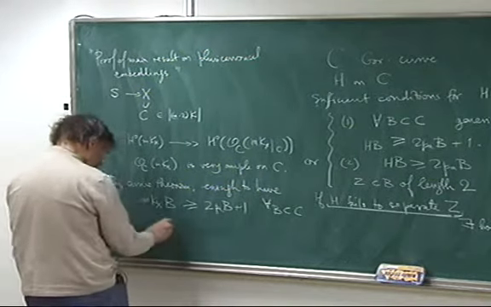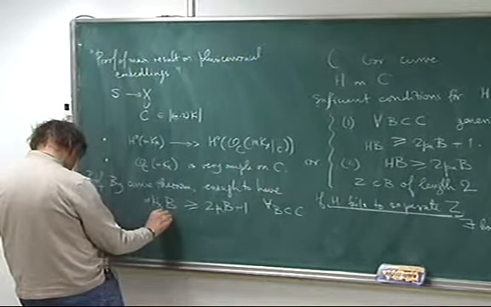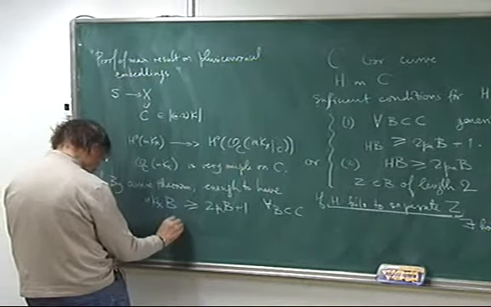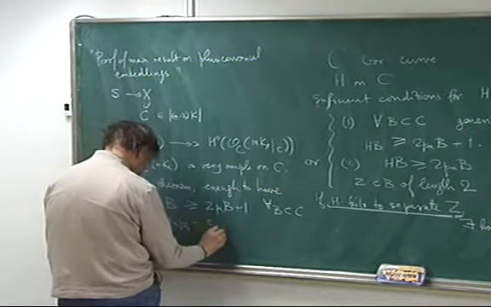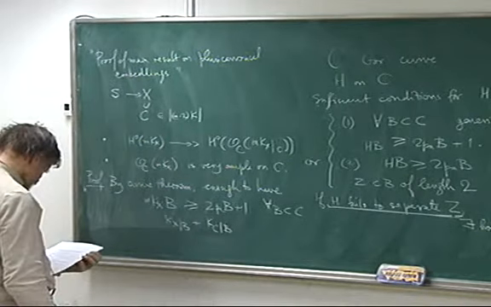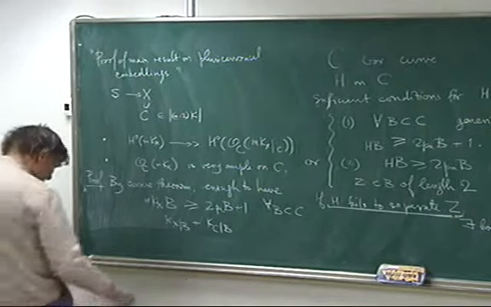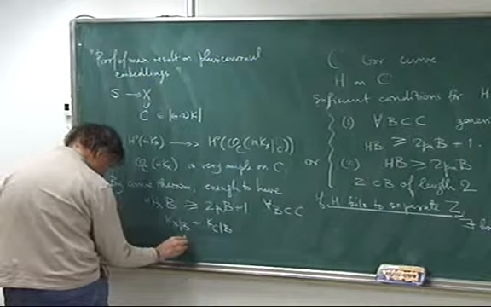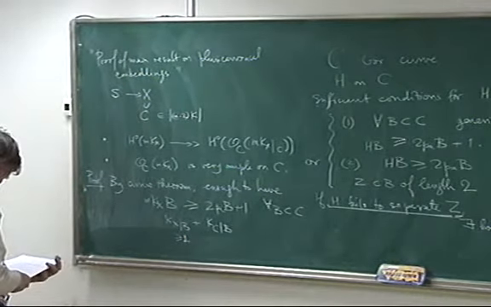Right, so apparently I can write this as KX restricted to B plus KC restricted to B. So this is greater than or equal to 1 just because KX is ample.